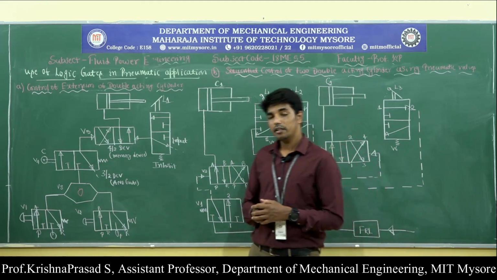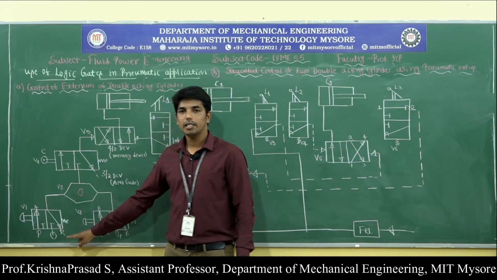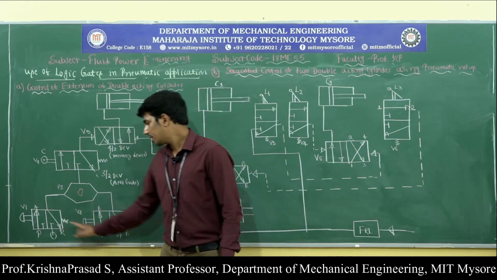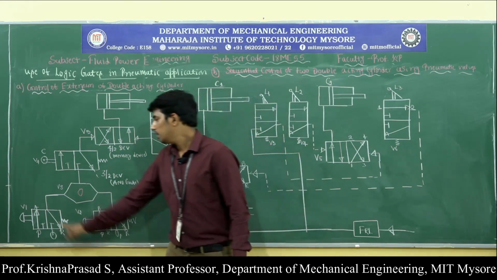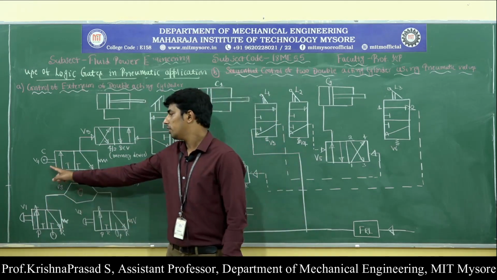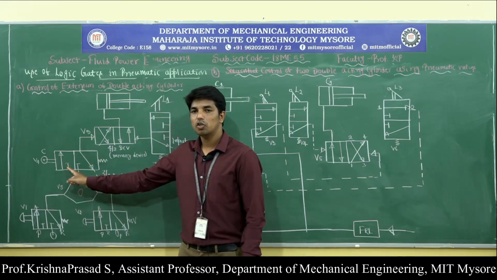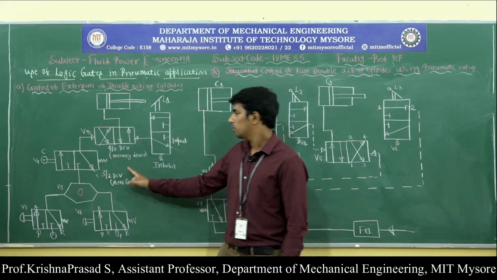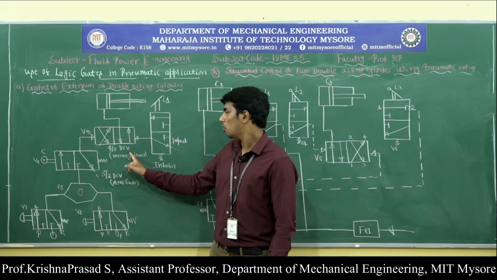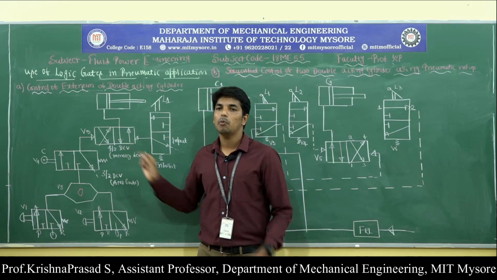This circuit mainly consists of two push button operated, spring return, normally closed direction control valves, connected to the shuttle valve, then to a limit switch, a 3/2 spring return direction control valve as the AND gate, and then to a 4/2 pilot operated direction control valve, which is also called the memory device.